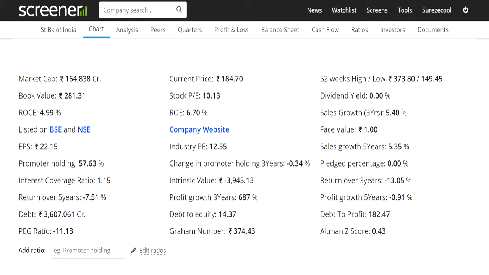A few more factors to consider are the debt, interest coverage ratio, and an important part also, promoter holding, change in promoter holding for the last three years, and pledged percentage. And you can see sales growth for 5 years, return over 3 years, profit growth, debt to profit, and debt to equity. So these are the ratios we need to consider for fundamental analysis of a particular company.